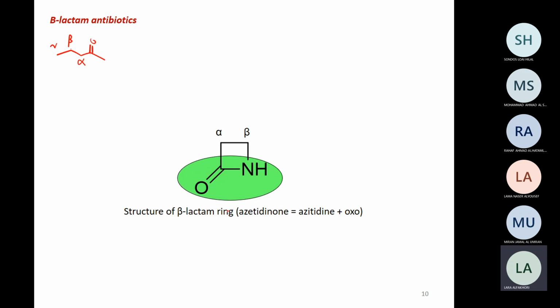Okay? Now when we say beta lactam, it means that the covalent bond for generating that cycle is between the carbon that is beta to the carbonyl and the nitrogen. Okay? What is the size of this ring? And how would I, let's say, describe it? Is it a 5-membered ring or a 6-membered ring? 4-membered ring. Okay? Good.